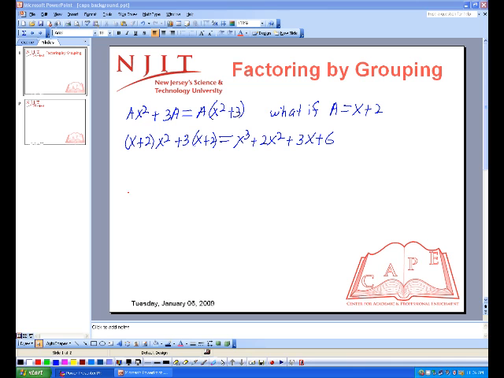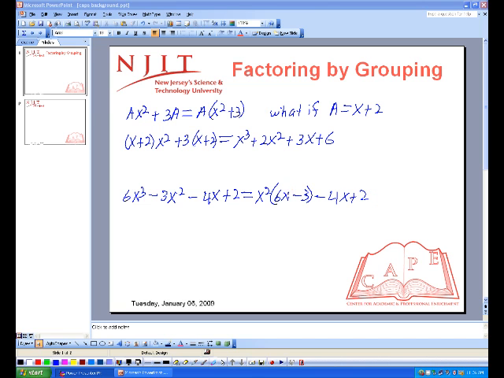Now let's look at an example. Let's say 6x cubed minus 3x squared minus 4x plus 2. Let's factor out the x squared. So this is going to lead us to x squared times (6x minus 3) minus (4x plus 2).